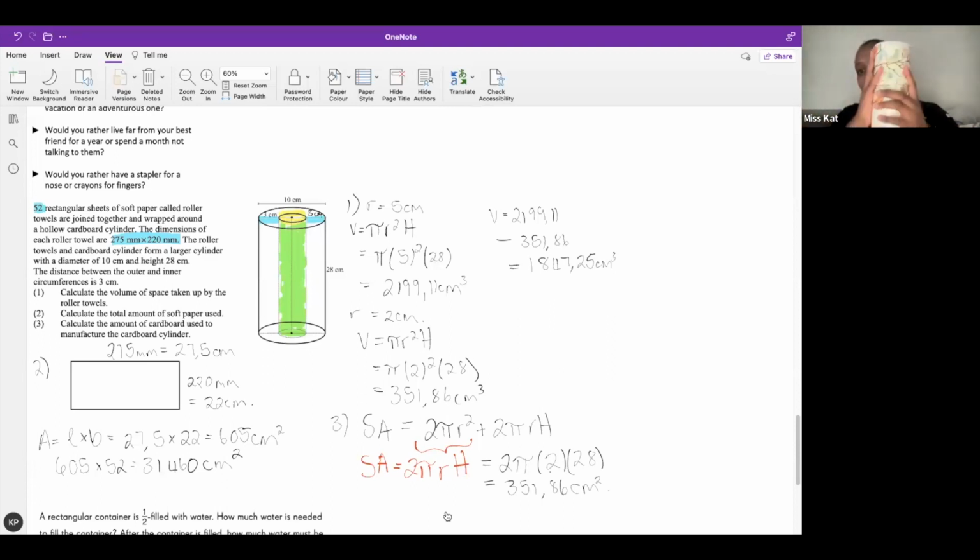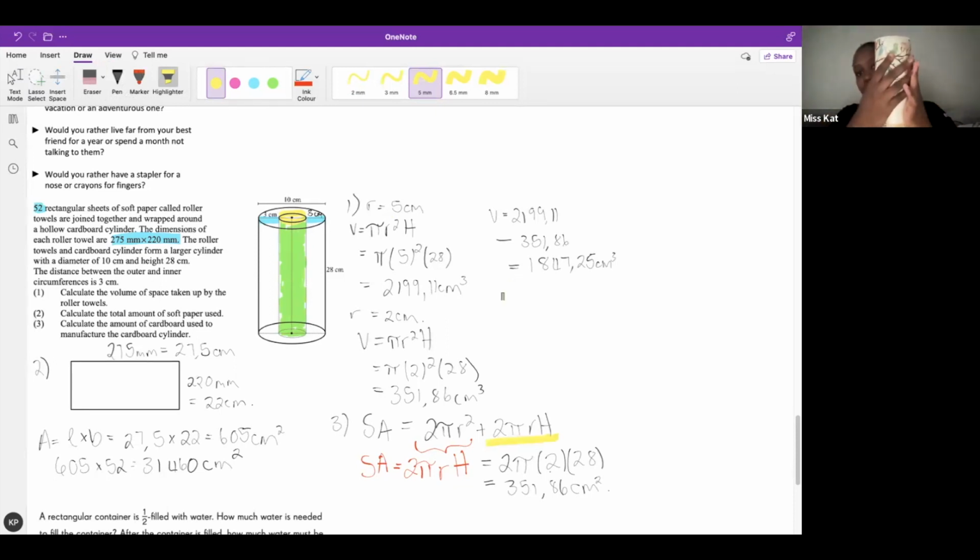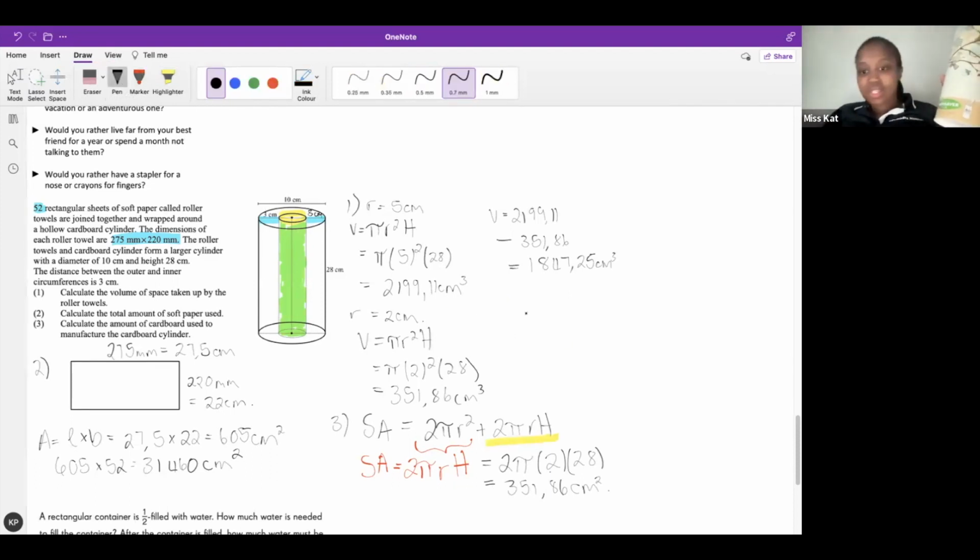All you have is the outside part of the circle, which is accounted for by the second part, which is here, this one. 2 pi r h is the one that accounts for the outside of a cylinder. It accounts for the covering of the outside. Because remember, we said if you unravel this thing, it's going to create a rectangle, né? Like that. The breadth of this rectangle will be the height of this.